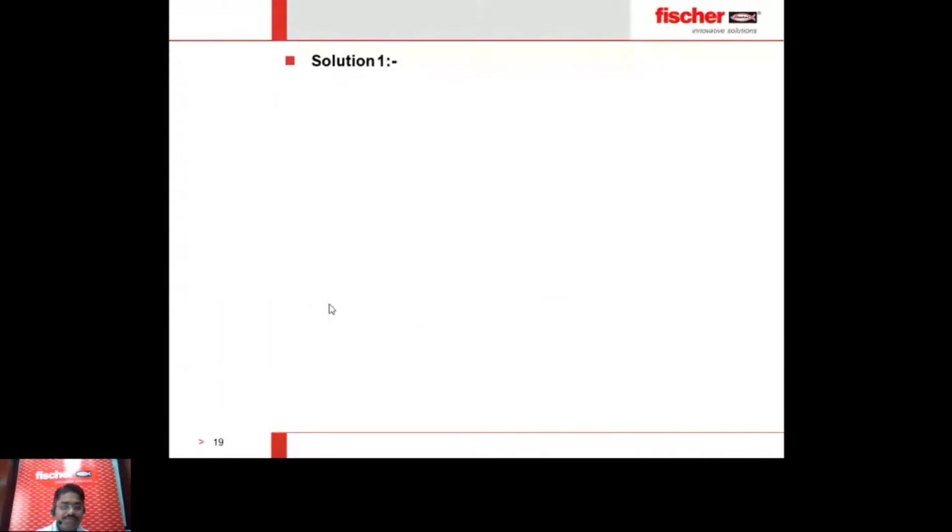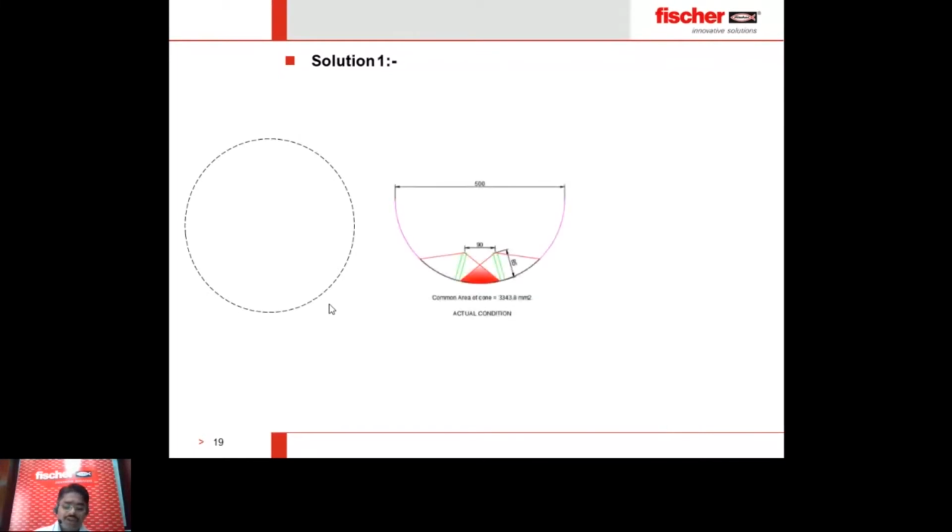What is that? Our first proposal, the first solution: this is a circular column. This is the cross section where you can see the anchor in green color. Let's say it's 85 mm embedded, and from one anchor end to another anchor end it's 90 mm. You can see it's a concentric anchor, because on a curved column, if you keep the anchor perpendicular to the surface, it's always concentric towards the center of the column.